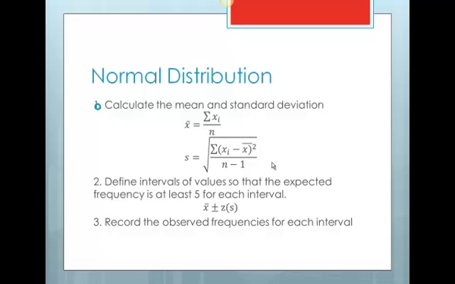Next, I'm going to define the intervals of values so that the expected frequency is at least 5 in each interval. This is interesting because our normal distribution is continuous, and in order to run our chi-square test we need discrete values. So we're going to break up our observations into different groupings.